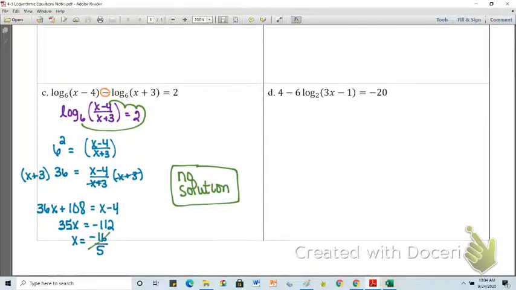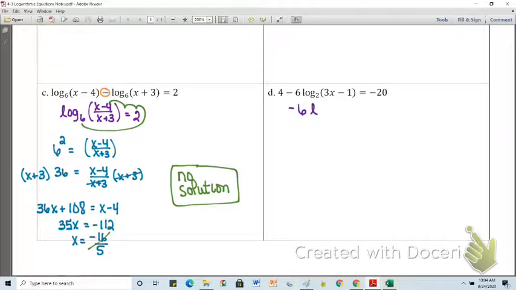Finally, on D, I do just have 1 log, but again, I can't use hamburger helper hand until I isolate it. It has to be log equals number for this to work. So I need to go ahead and move the 4 to the other side. To do that, I'm going to subtract 4.